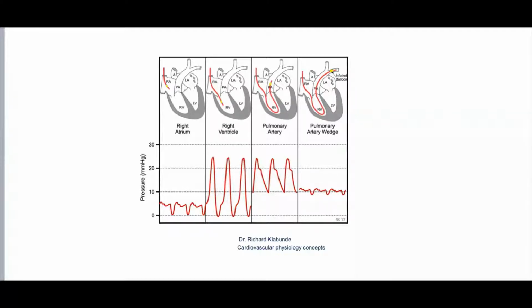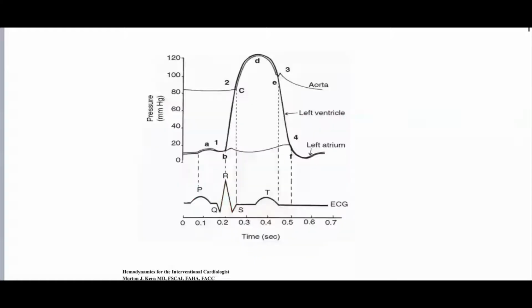Now, if we take this slide, it represents the hemodynamics of the LV, the aorta, and the left atrium. You see the aortic waveform on top. It coincides with the peak of systole of the LV because there is no gradient. But if you have aortic stenosis, things will be different.